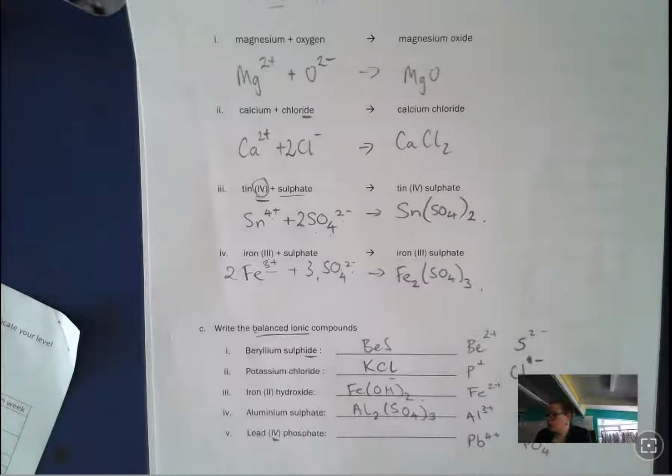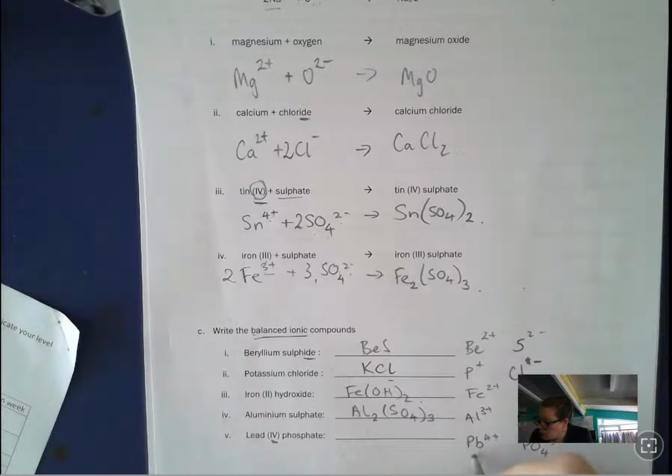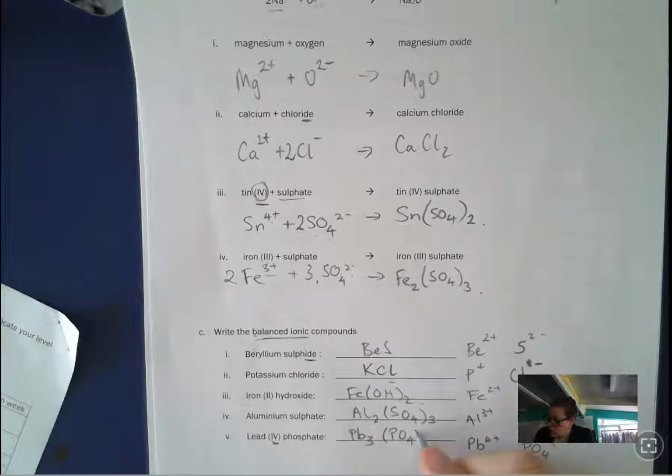Lowest common multiple is going to be 12. To do that, we need 3 of those and we need 4 of those, so it becomes Pb3 bracket PO4 close brackets with a 4 on the outside.